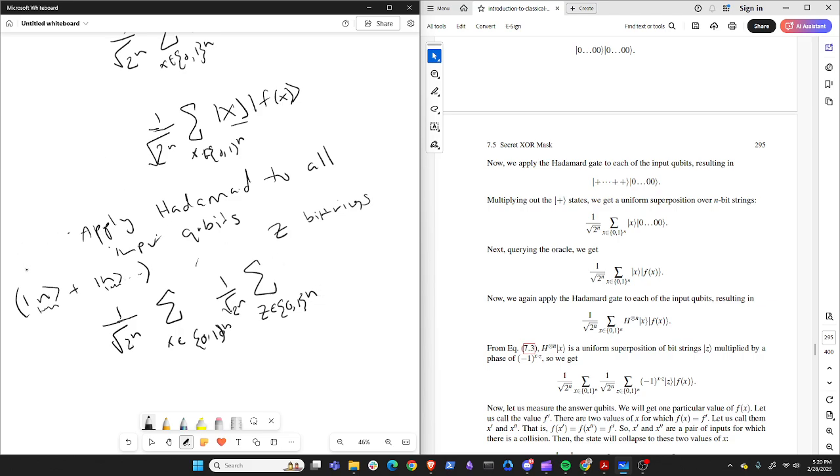So if n is 3, we would have 8 z bit strings. So z is 8 bit strings, and the phase comes into play.